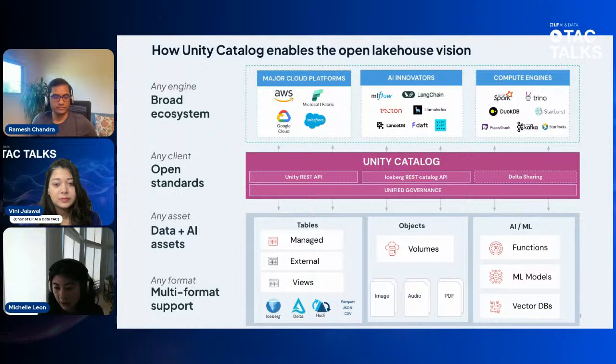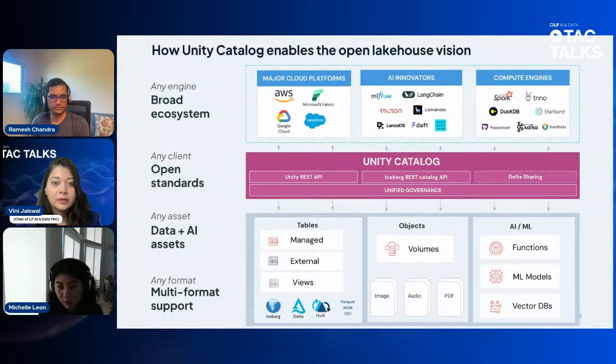This can be things like images, audio files, PDFs, and it also manages functions, like SQL and Python functions, which you can use to standardize things, like how you calculate what fiscal quarter it is for your business platform, or to codify things like Python functions that your Gen AI agents can call.